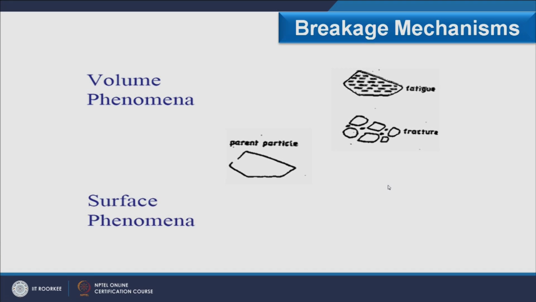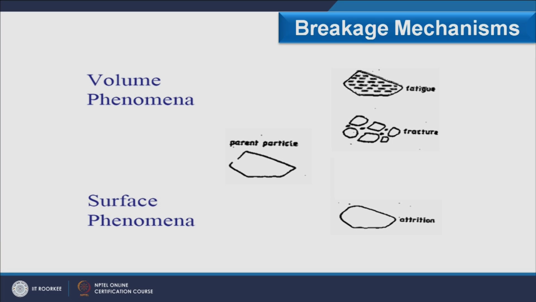Next phenomenon we have is the surface phenomenon, in which the particle has very angular, very sharp corners. So, what will happen in surface phenomenon? Due to attrition or due to shear, these corners become smooth instead of being sharp. So, finally, when we consider surface phenomenon, we have this kind of particle. Its volume changes very little.